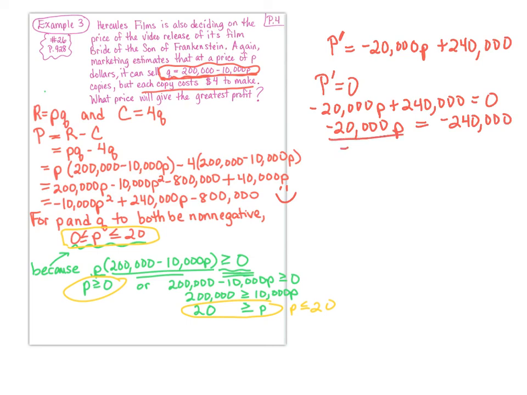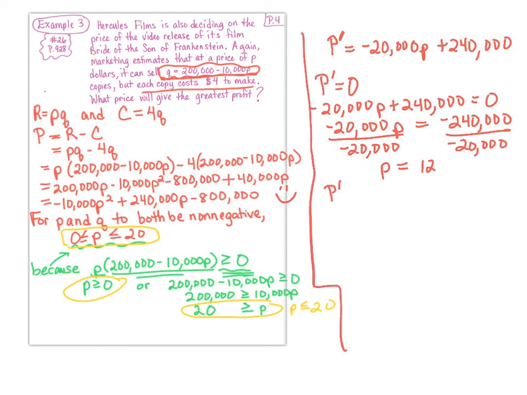Divide both sides by negative 20,000, and that gives us P is equal to 12. Now, we also get critical numbers whenever P prime is undefined. Note here that P prime is always defined.